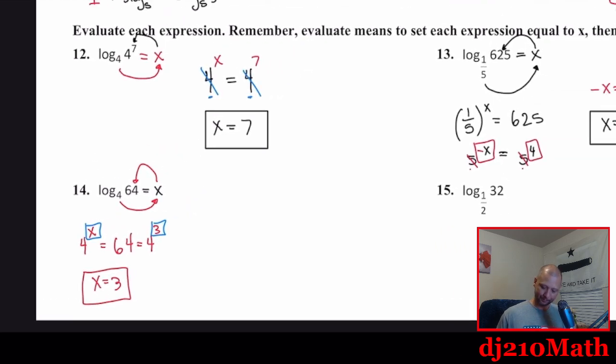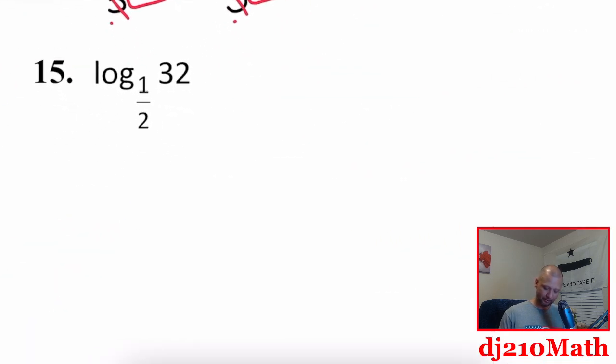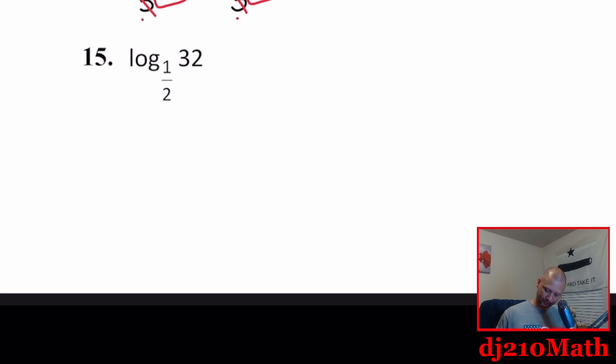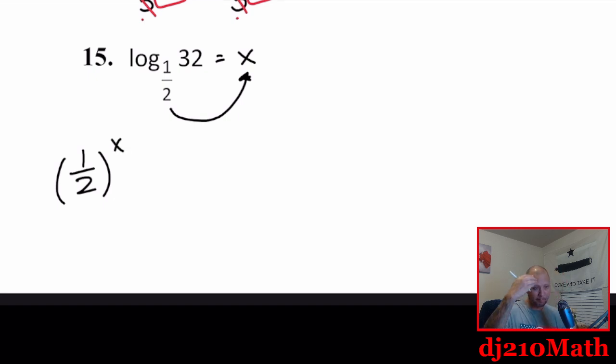All right. 15. Set it equal to x. The base, 1/2, raised to the x power. So already be thinking in mind, okay, we have a fraction right now. At some point, I need to make this not a fraction. So just keep that in the back of your mind.